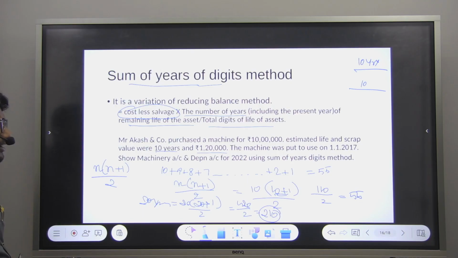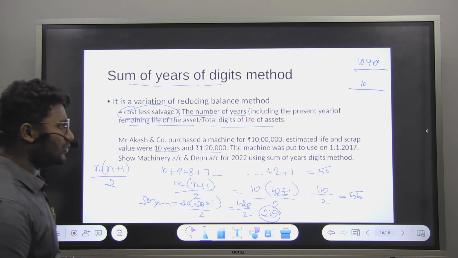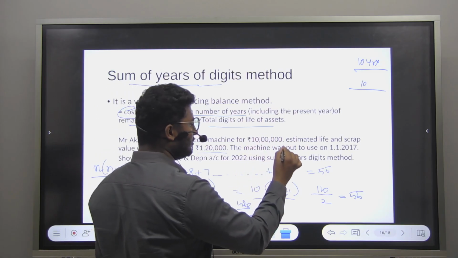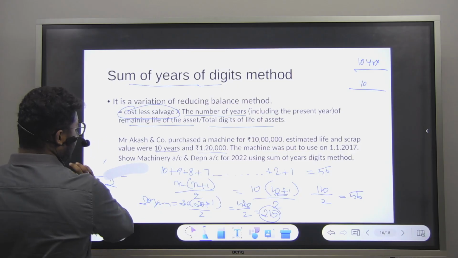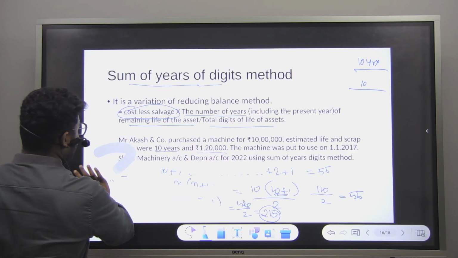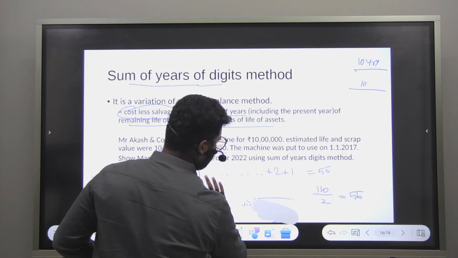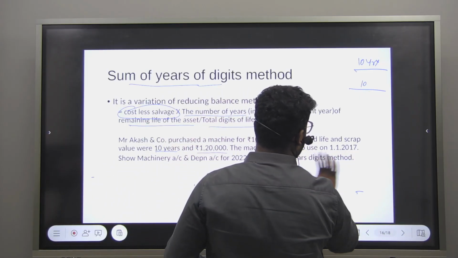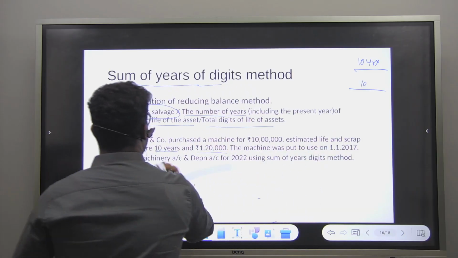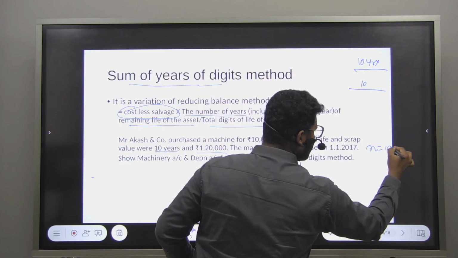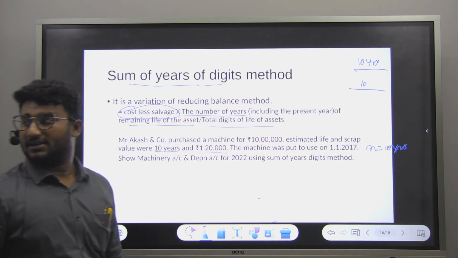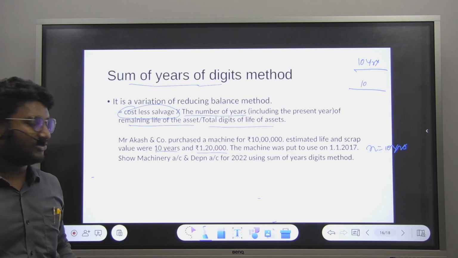Show machinery account and depreciation account using sum of years digit method. Okay, so here we know that n is equal to 10 years. Life of the machinery is 10 years.